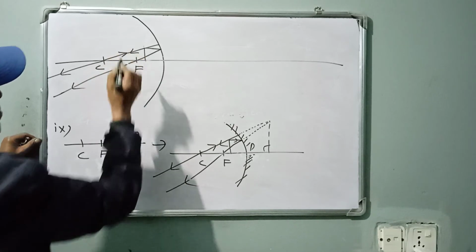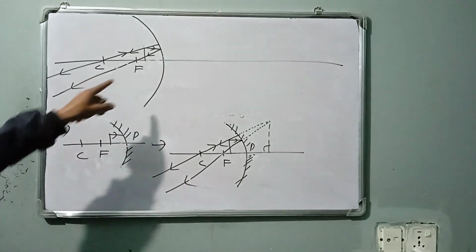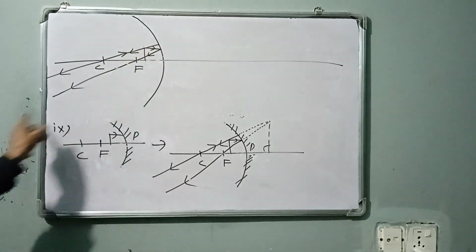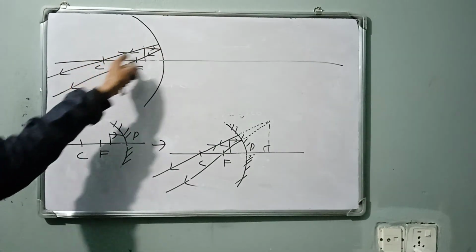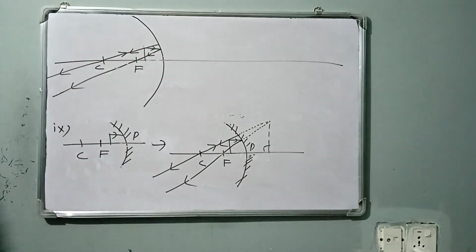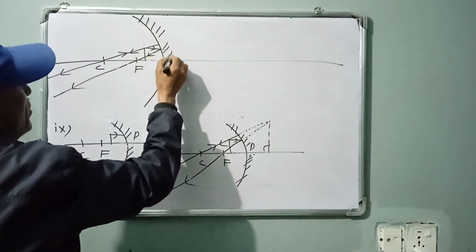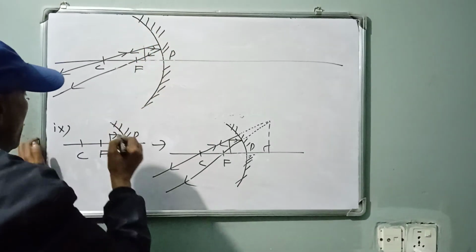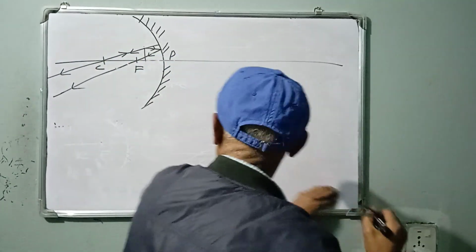This is the focus, this is the center. Incident ray, reflected ray passes through the focus, parallel line passing through the focus. Another ray which goes through the center of curvature will come back. Pole P, and how to write down the nature, position and size of the image.